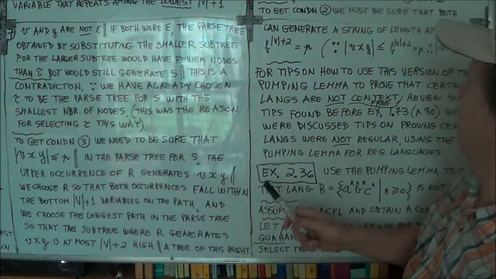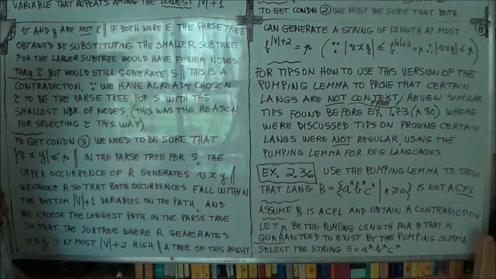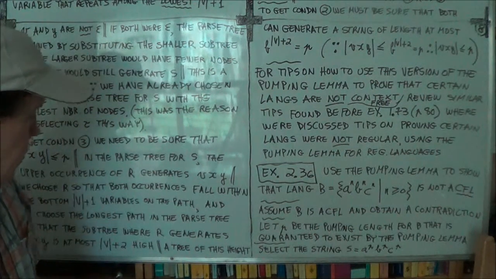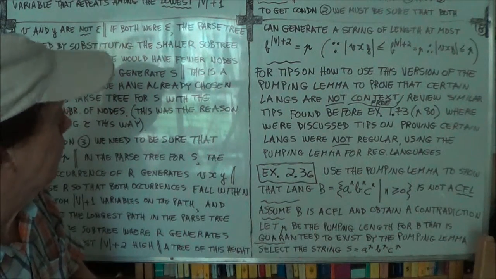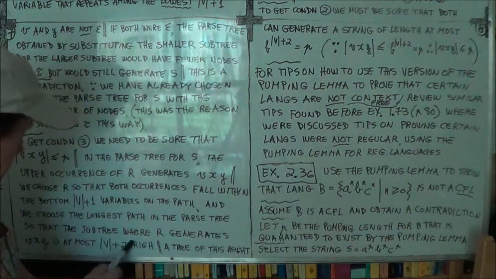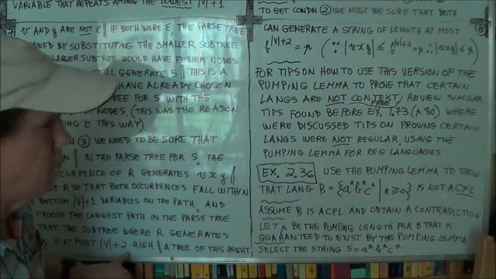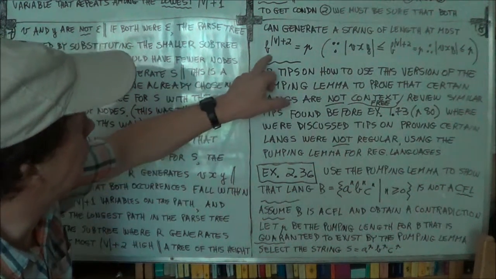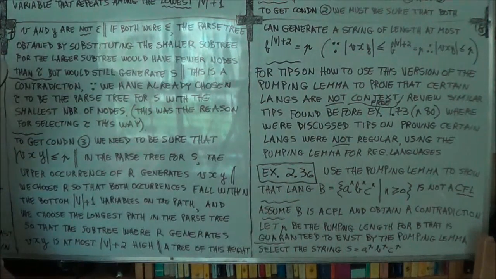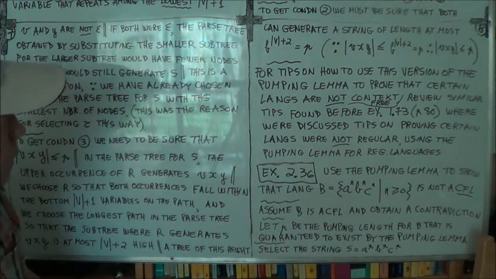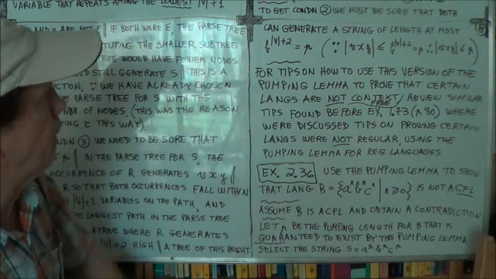Now, from the earlier session, we showed that a tree of that height can generate a maximum length string of this size, so that will be P. Now why is that?